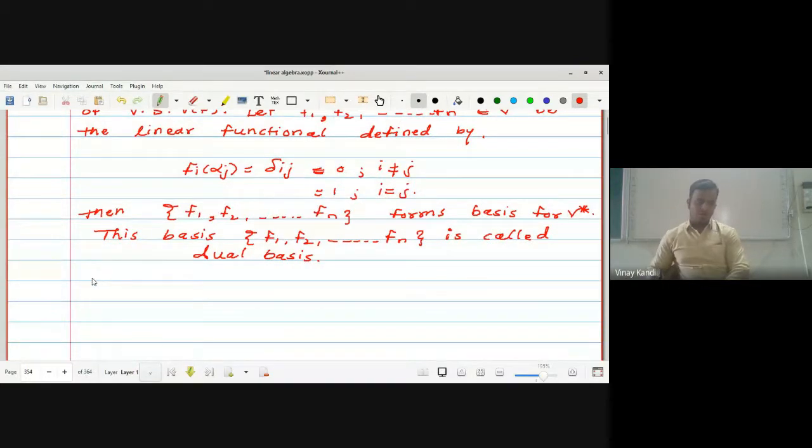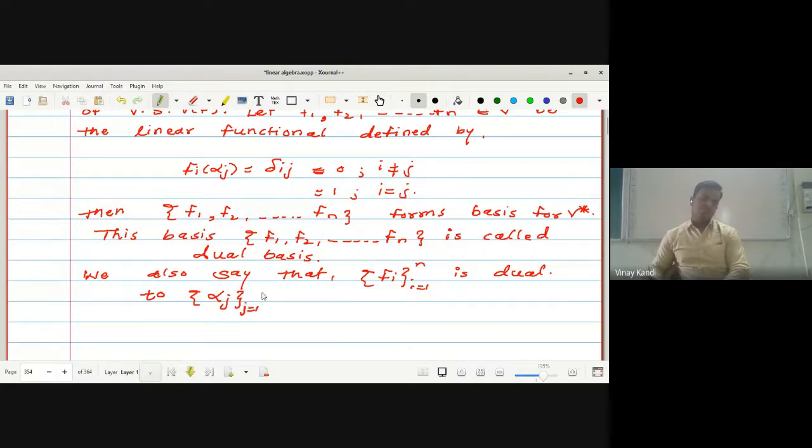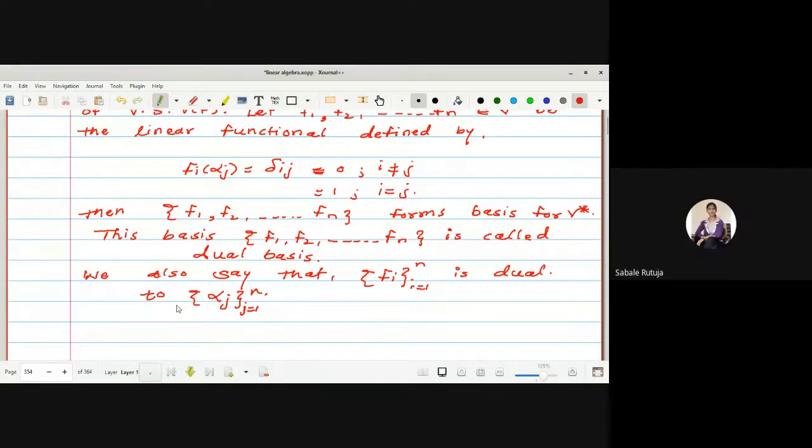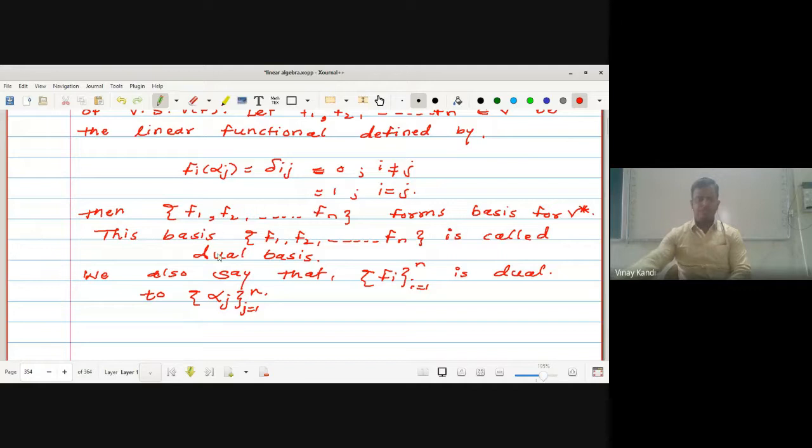Or we also say that this set fi, i running from 1 to n, is dual to this alpha j, where j is also running from 1 to n. Any doubt up to here? No, sir. Okay, yes, this basis is the dual basis of V star.